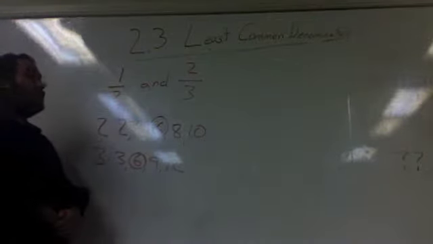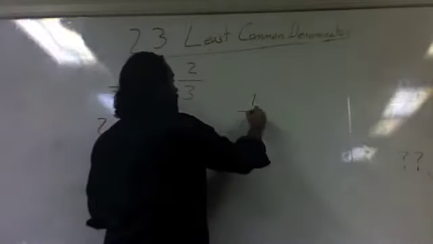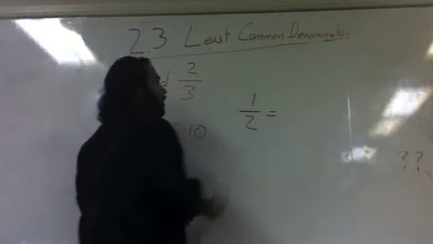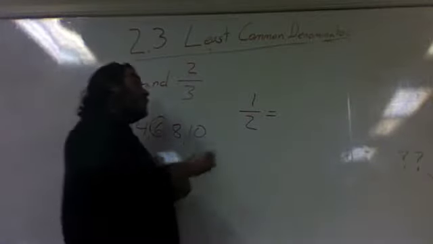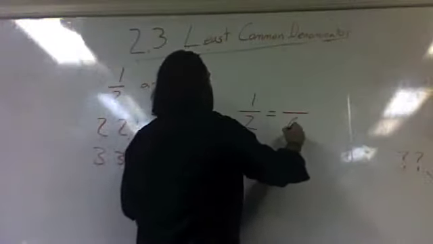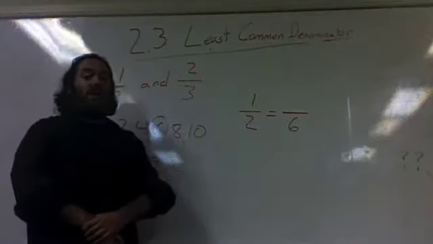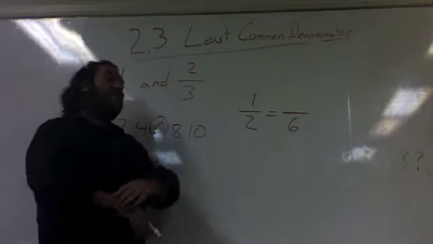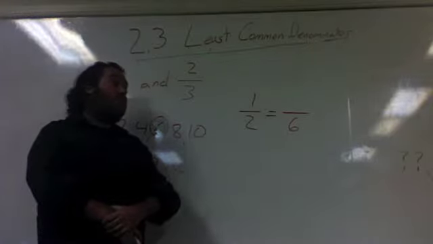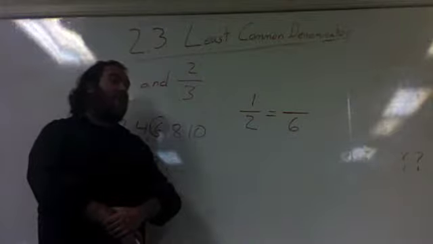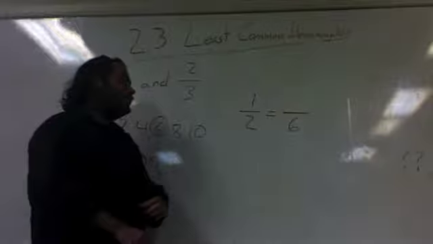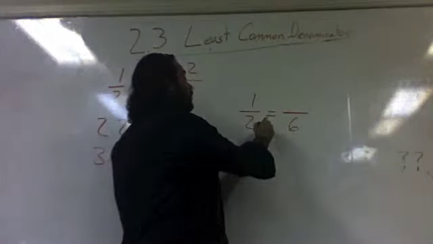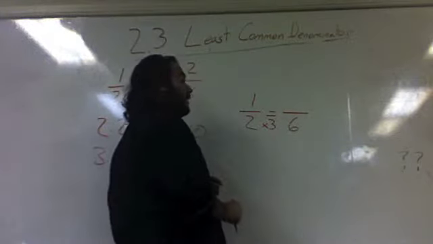Here's how this works. I want to turn 1/2 into a fraction that has a 6 as a denominator. What I need to figure out is what did I multiply this denominator by, the 2, in order to turn it into a 6. If I can figure that out, then I have my answer for what to make the numerator up here. As we can see, 2 times 3 equals 6.